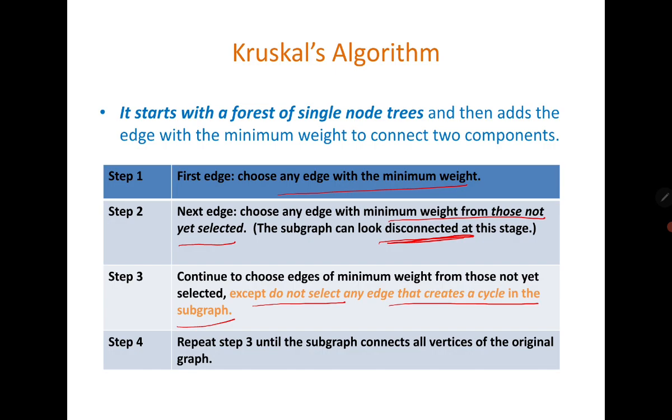Now it's very interesting to provide a justification of why Kruskal's algorithm always produces the minimum weight spanning tree. Sometimes it's easy to develop an algorithm, but it is far more difficult to prove its correctness. So we will discuss the correctness.